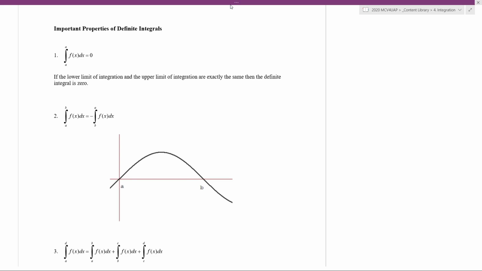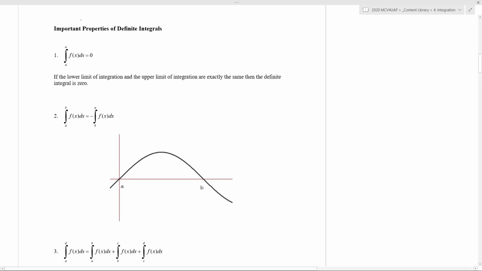So let's say, for example, that this area in here is A. So you could write that the integral from a to b of f of x dx would be equal to A, because that area is above the x-axis.